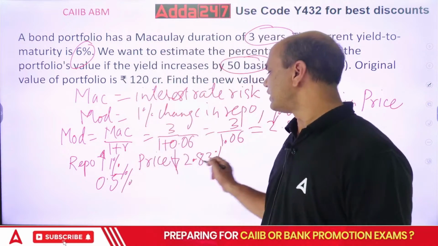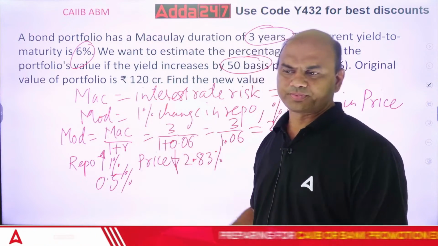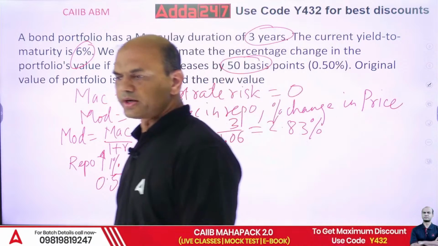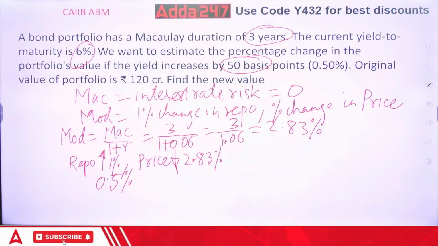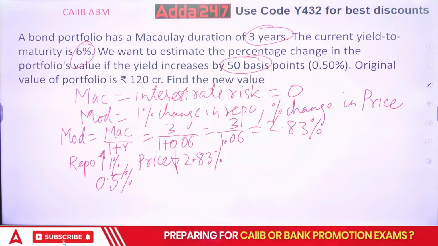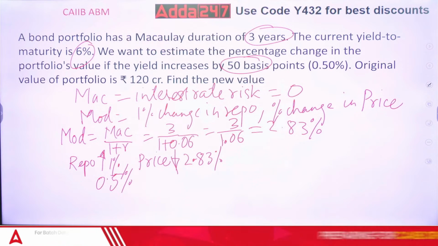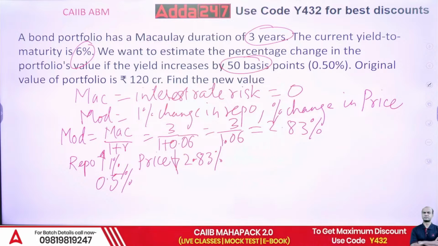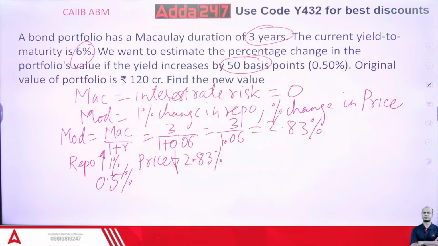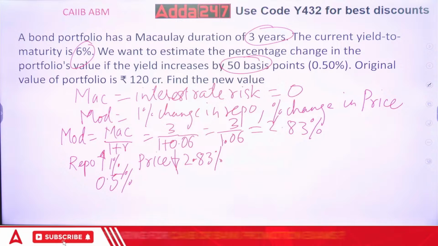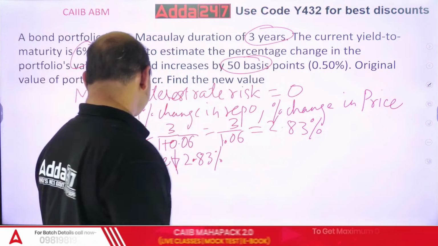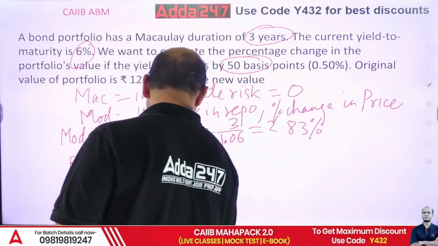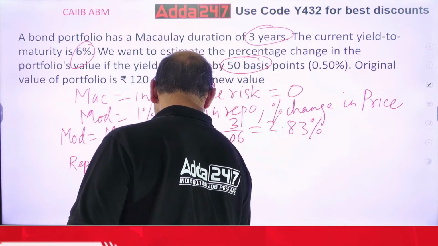So 0.5 into 2.83 upon 1. Do it, everyone. 2.83 into 0.5. What are you getting? 1.41? Are you getting 1.41, everyone?